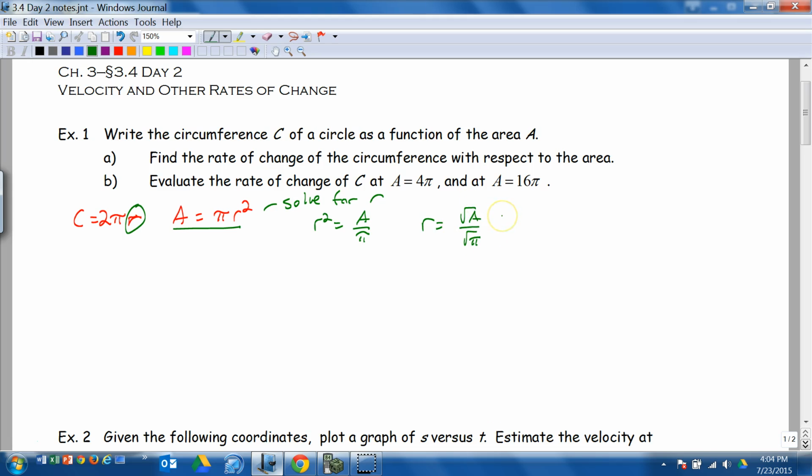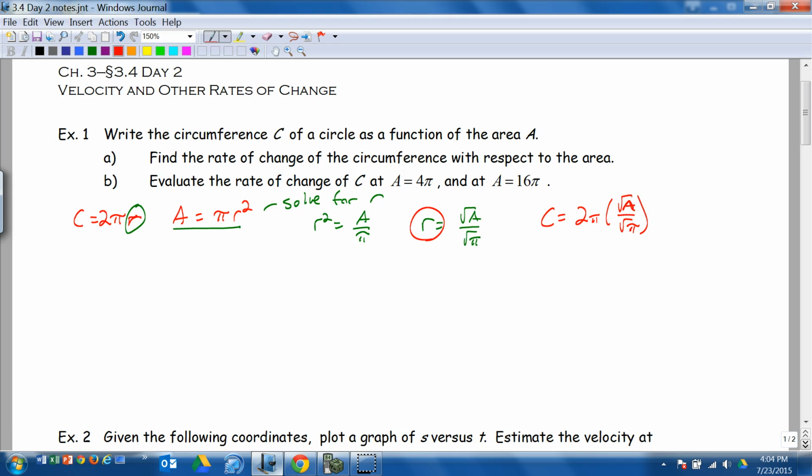And I'm going to leave it like that for now. And then we're going to rewrite circumference over here by subbing this in for r. So C is equal to 2 pi times the square root of A over the square root of pi. So that is the equation for circumference in terms of area only.